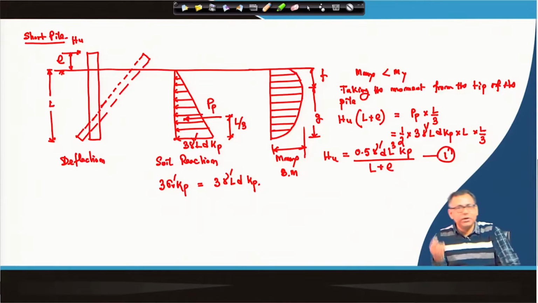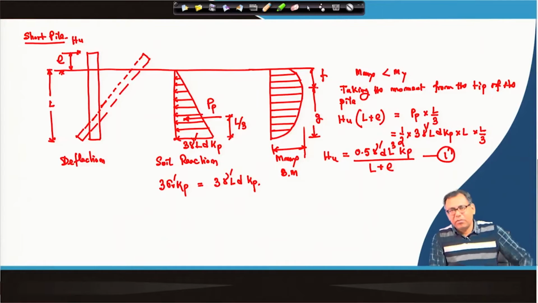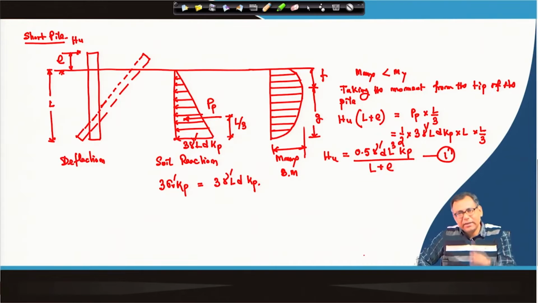But if I want to determine the maximum moment, what is our interest? Our interest is the H u and the maximum moment, because we have to check whether the maximum moment is less than the yield moment or not, because in that condition we understand whether it is an intermediate pile or not. Definitely for the short pile that is the must condition, that the maximum moment should not be greater than the yield moment.